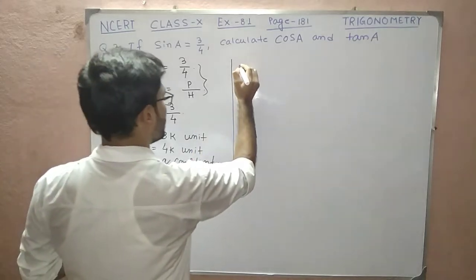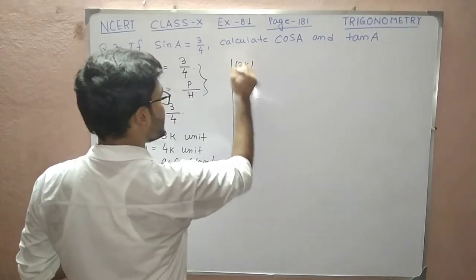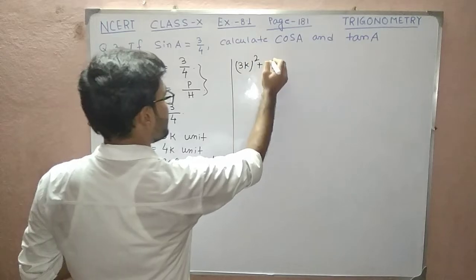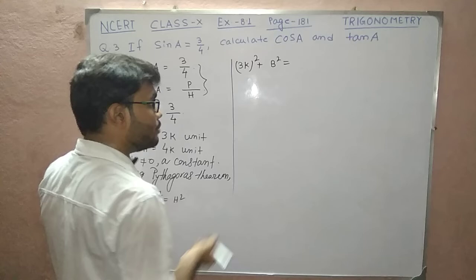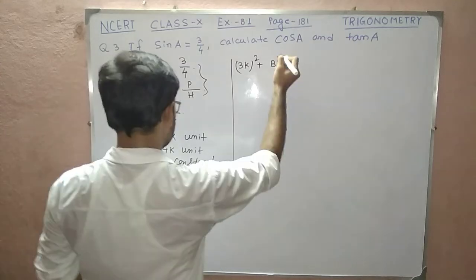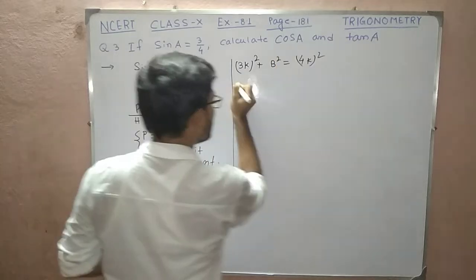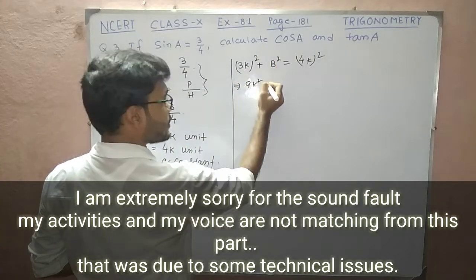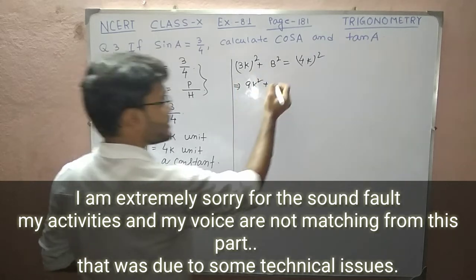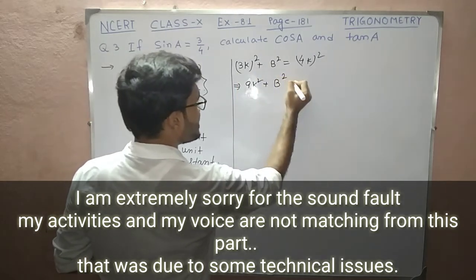The value of perpendicular is 3k, so it would be (3k) whole square plus b square, because we don't know b, we are finding the value of b, and hypotenuse is (4k) whole square. Here 3 square is 9k square, plus b square, and 4 square is 16, 4 into 4 is 16, so 16k square.